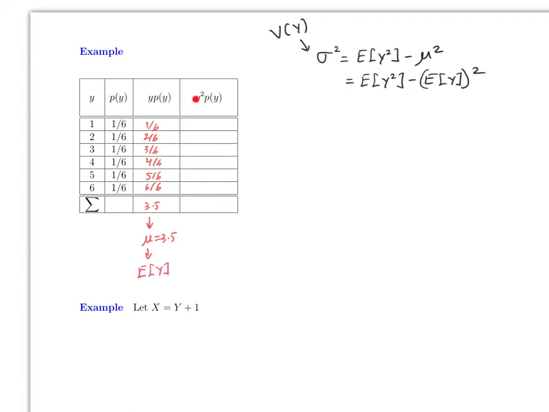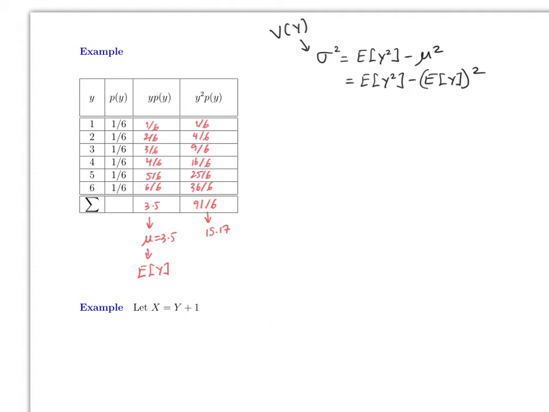Now this one is telling you to square y and then multiply by the probability. So if we do that, this will be 1/6, then 4/6, 9/6, 16/6, 25/6 and then 36/6. Once you add everything, this is 91 over 6, or 15.17. You should check that.